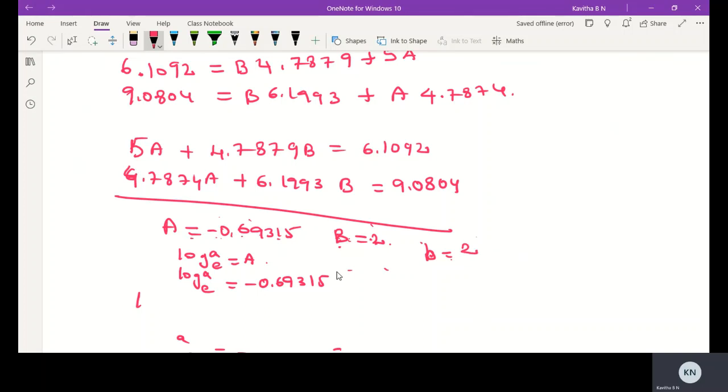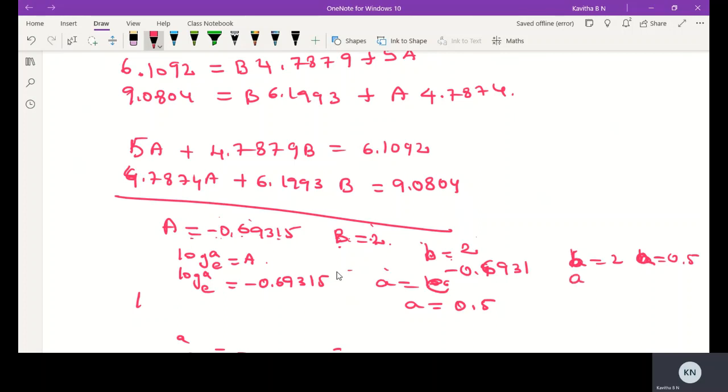Okay. Then A is equal to e to the power of minus 0.69315, means A is equal to 0.5. So B is equal to 2 and A is 0.5.